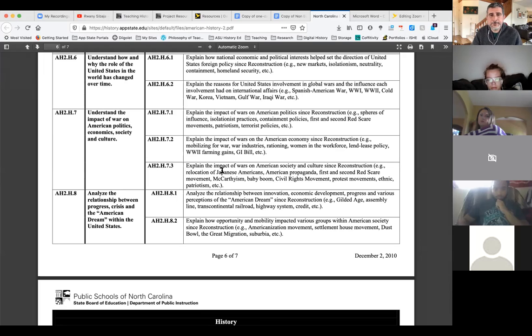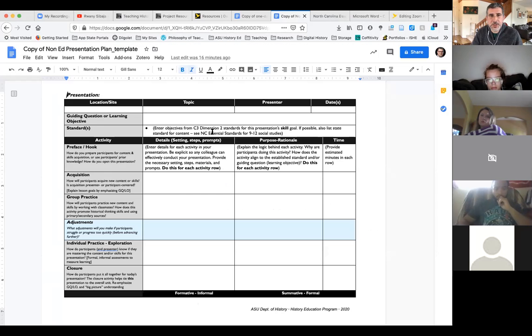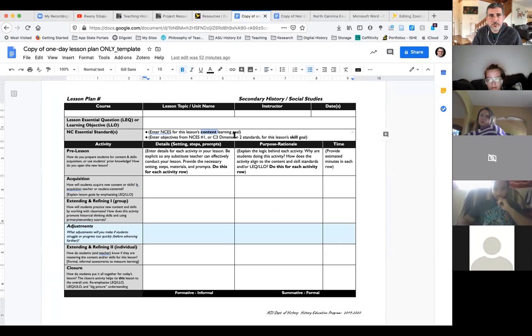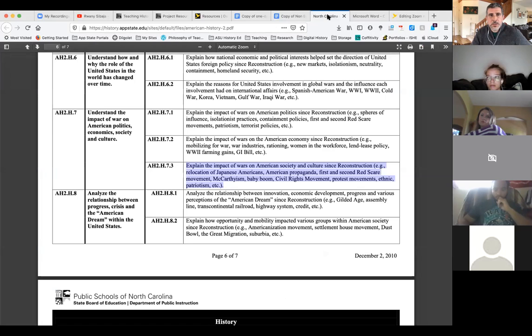But if you're doing the Korean War or particularly Vietnam, then you could talk about the civil rights movement, protest movements, things like that. So that would be 7.3. So you, again, copy and paste the number, and then copy and paste the language of the standard into this section of your lesson plan template. And that's how you do that.